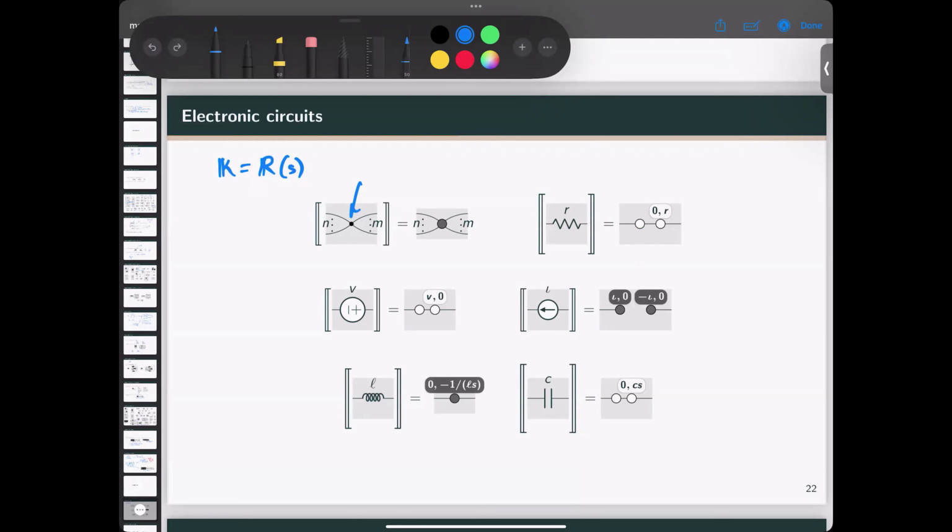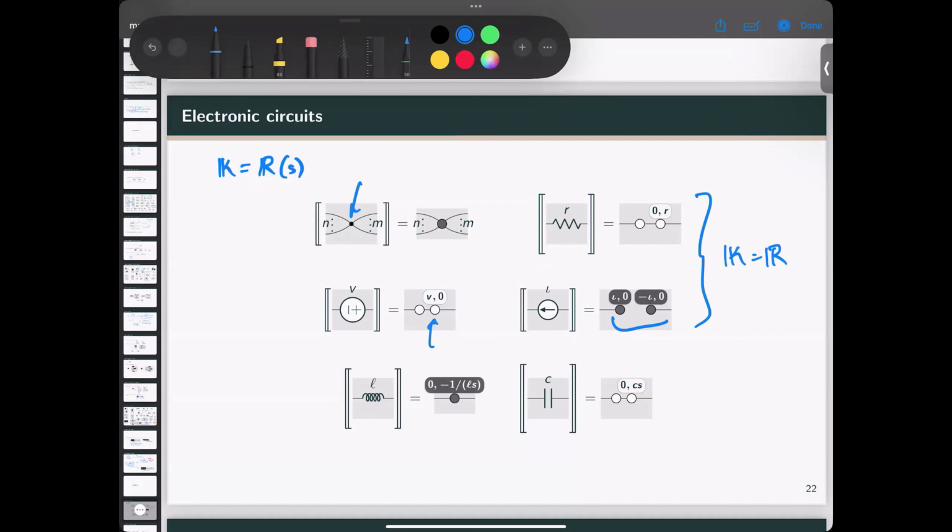We can represent voltage sources, which are also similar to resistors, except instead of this symplectic shear part of the label, we're using the affine part to represent voltage sources. We can represent current sources as well. All of these things are actually interpretable if you take k to be just the real numbers.